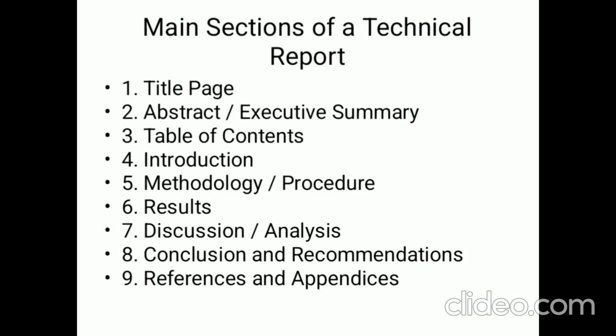Now let us come to the main sections of a technical report. A typical technical report is divided into major sections arranged in a logical sequence. These usually include: Number 1, the title page. Number 2, abstract or executive summary. Number 3, table of contents. Number 4, introduction. Number 5, methodology or procedure.